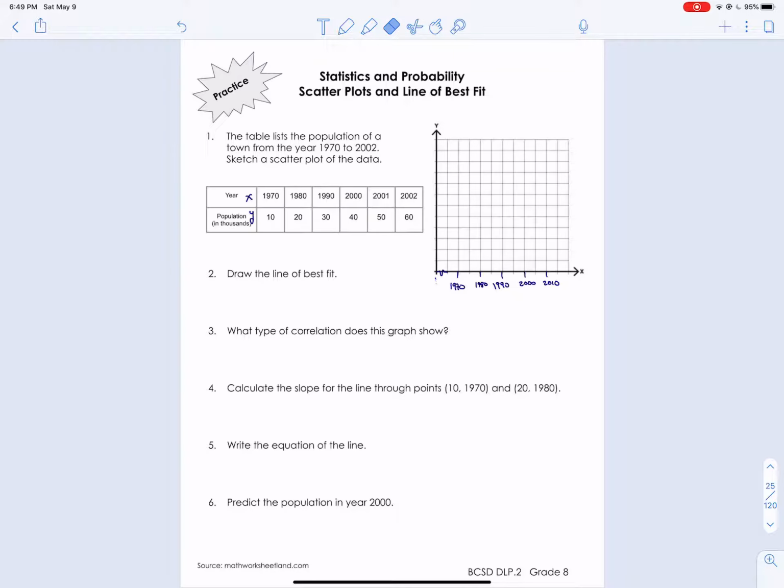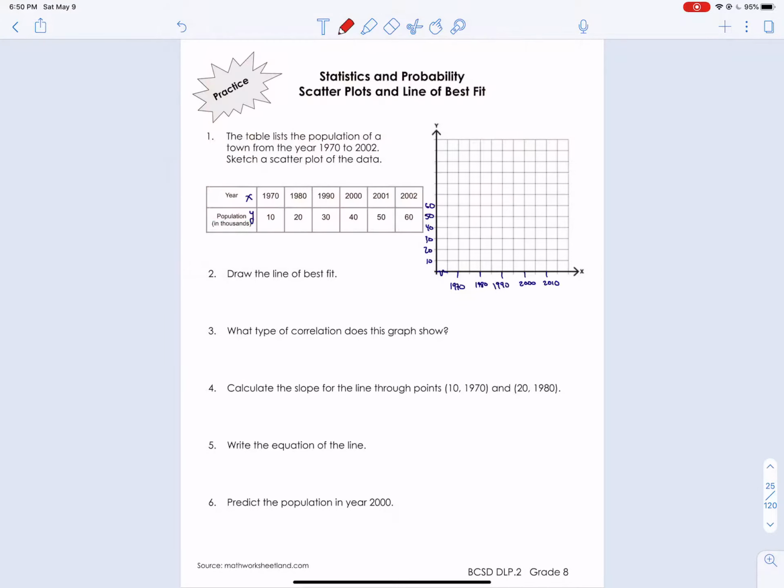So we'll put that little squiggle to show that we skipped some spaces. Okay, going up the y-axis, it's all counting by tens. So I'm going to just use each line. So 10, 20, 30, 40, 50, 60. Probably could have skipped every other line just to spread it out, but this is fine.